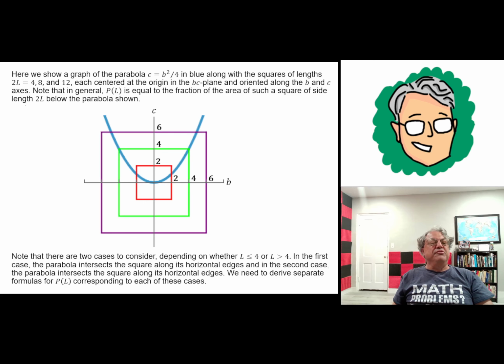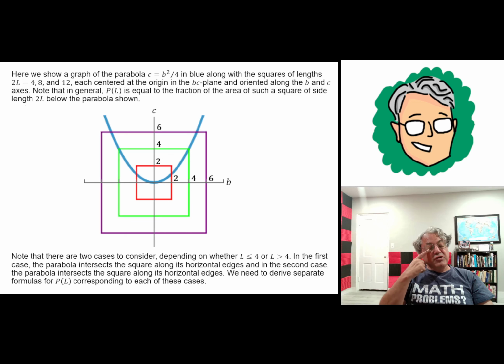And another thing I should point out, you actually have to use calculus to prove this. I'm not going to do it here. But whenever you have a parabola bounded by a rectangle that encloses the whole parabola, as long as it's symmetric.